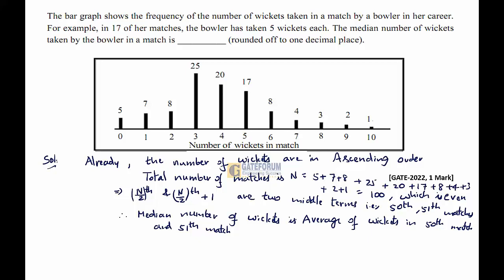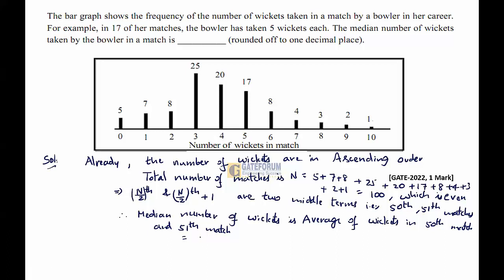Cumulatively you get 5, 12, 20, 25, 45, and 45 plus 20 is 65. So up to this is 45 matches, up to this 65 matches. So definitely the 50th and 51st matches belong to the frequency 20. The corresponding number of wickets for frequency 20 is 4.